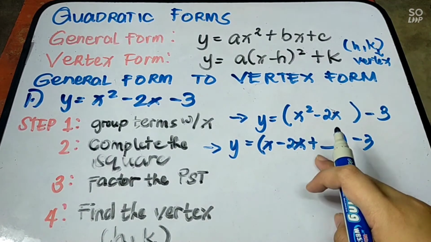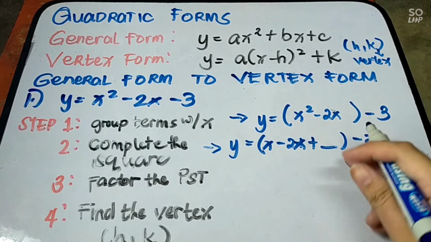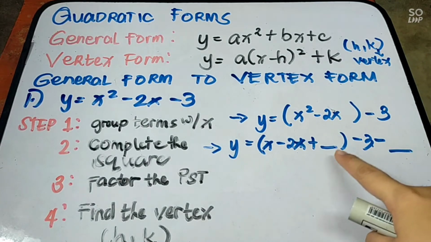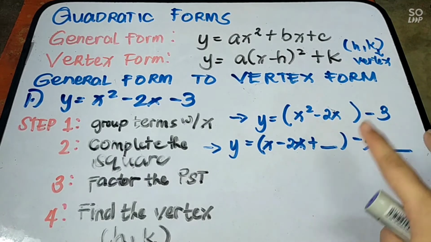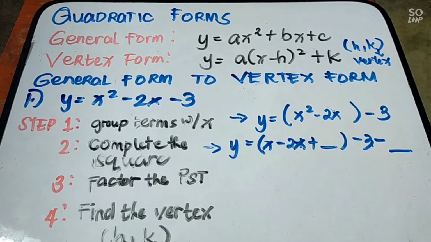So, kung mag-a-add ka dito, kailangan dito sa tabi ni 3, magsusubtract ka naman. Kung ano yung in-add mo dito, yun naman yung isusubtract mo dito. Naintindihan? Kasi, halimbawang 4 ang in-add mo dito, so minus 4, meaning 4 minus 4 is 0. So, magiging same pa rin siya kapag sinimplify mo. Naintindihan? So, kailangan balance lagi.